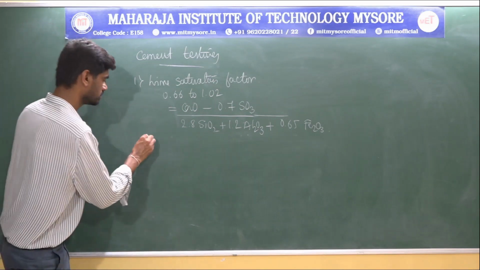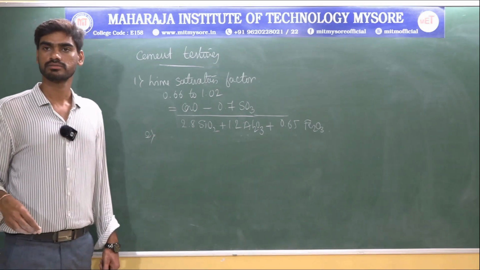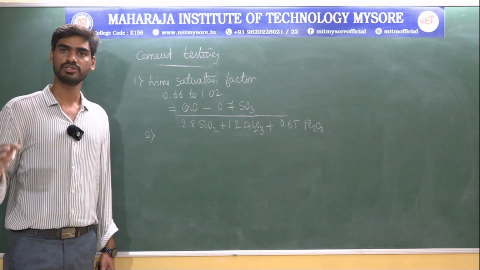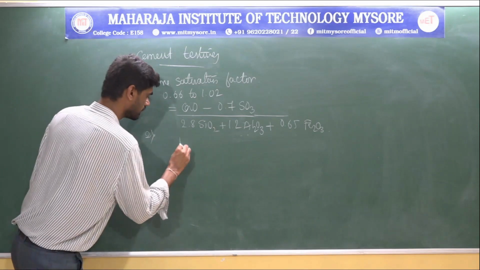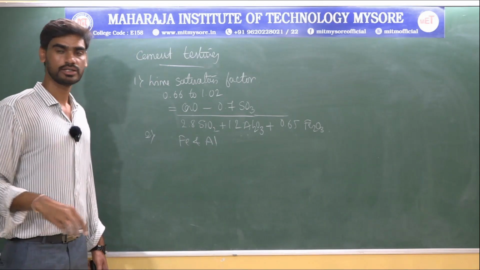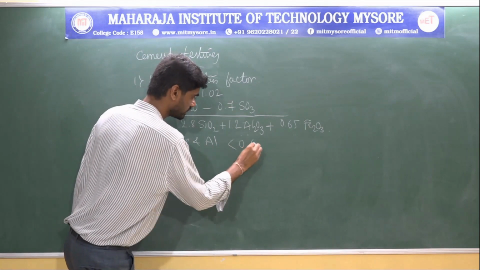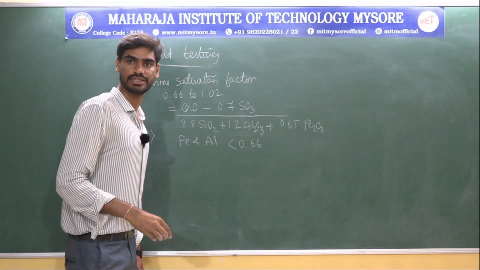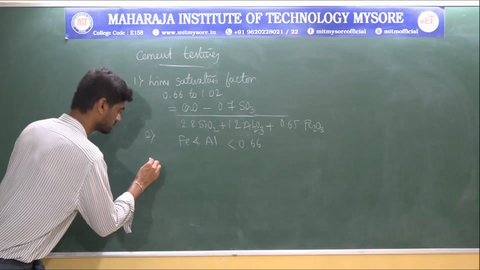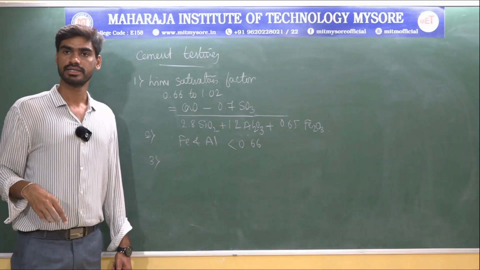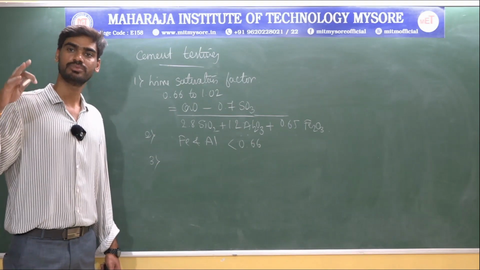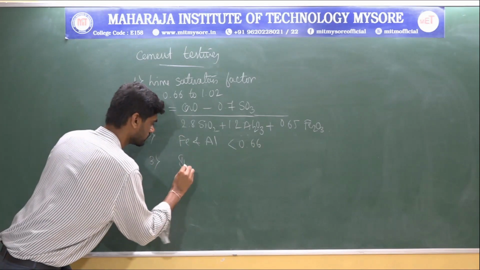In addition, the second chemical requirement of cement is the ratio between oxides of aluminium and iron, which should be less than 0.66. And then the insoluble residues present in the cement should be less than 2%.